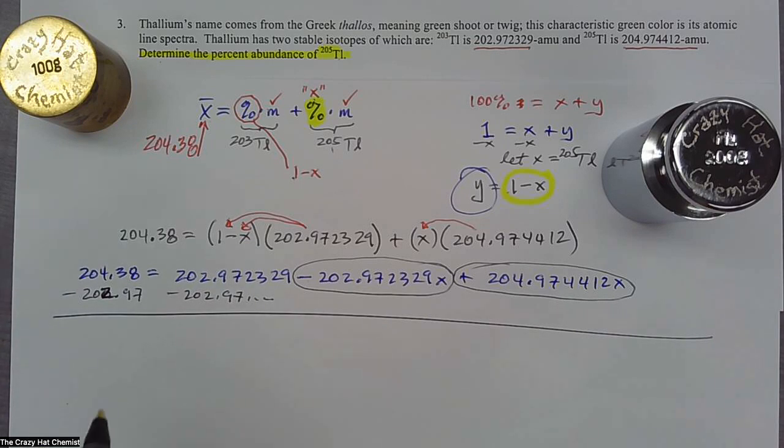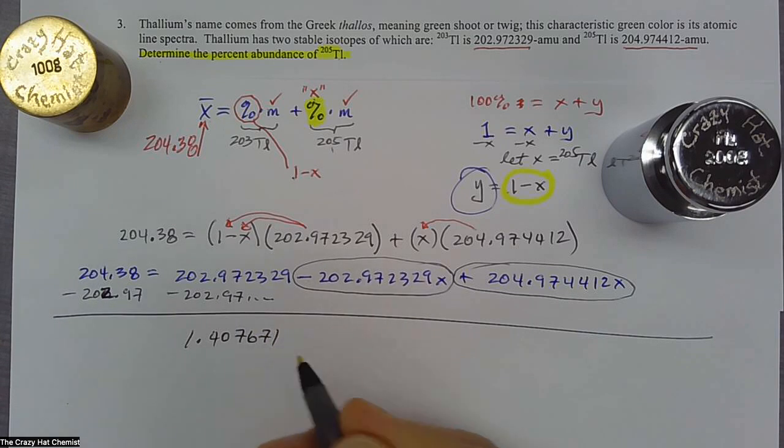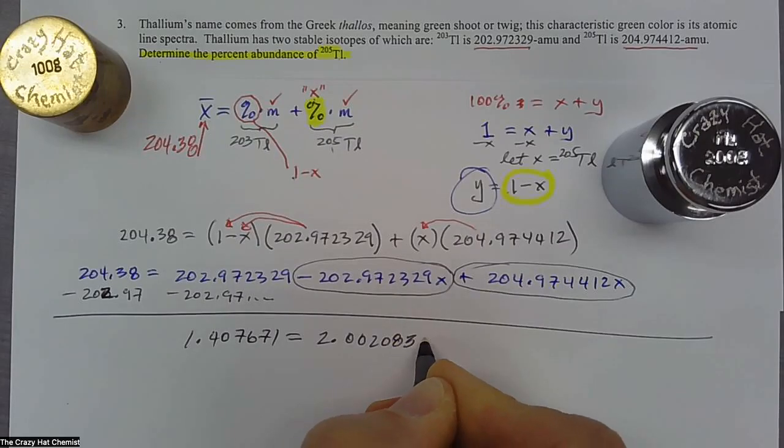So we're going to get 1.407671 is equal to 2.0020883x. Okay, perfect.